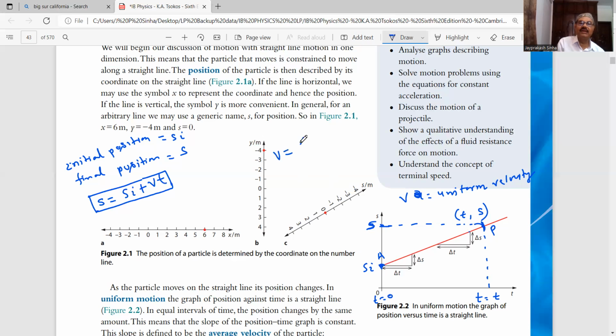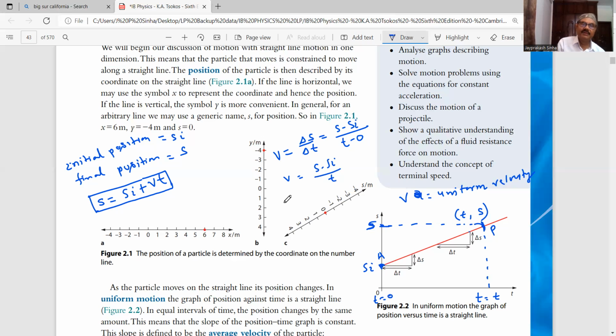V is equal to delta S upon delta t. What is delta S? That is change in position. That is S minus SI. What is delta t? Change in time. That is t minus 0.